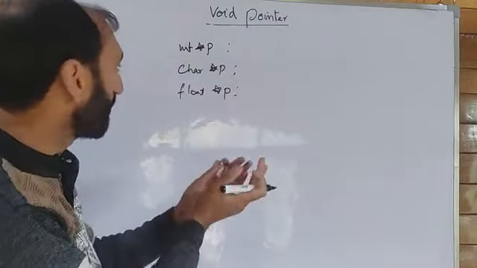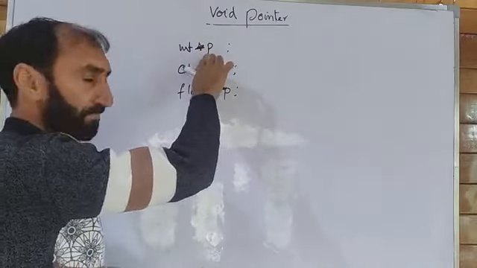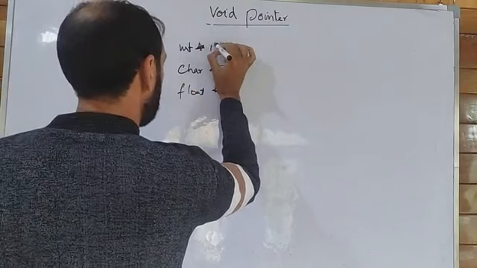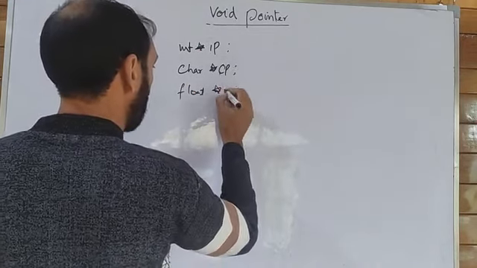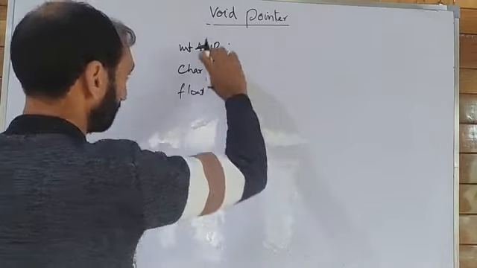This declaration tells the compiler that we can also say ip, integer pointer, cp, character pointer, and this is the fp, float pointer.